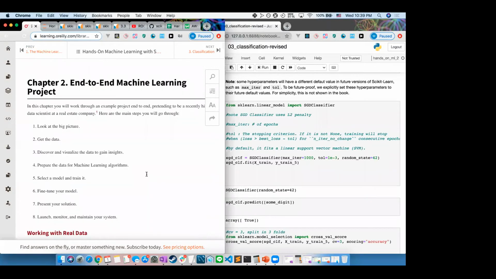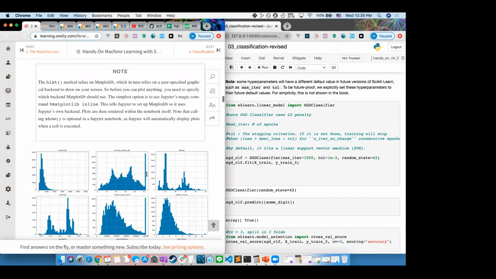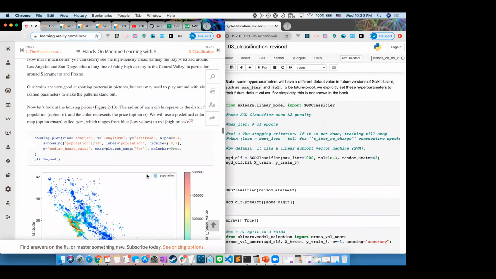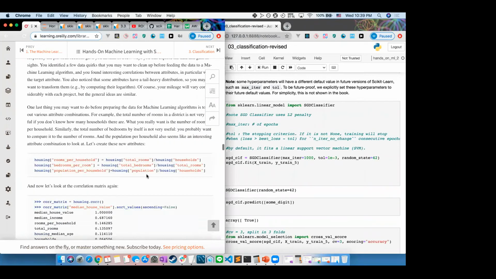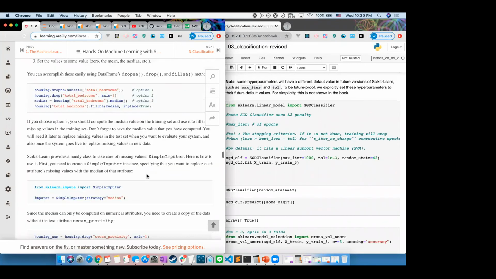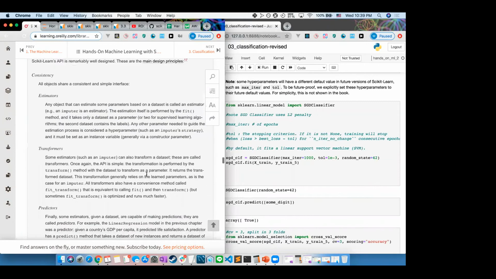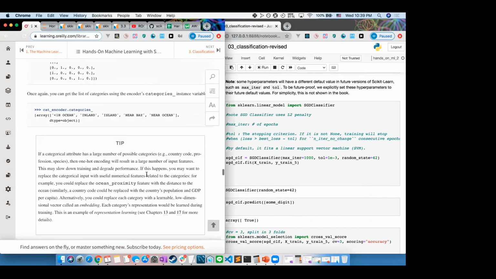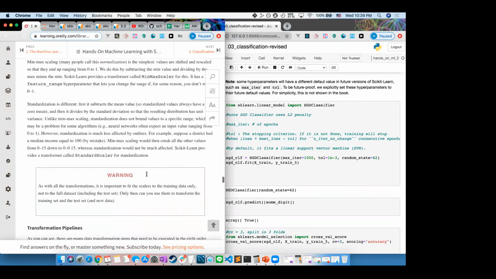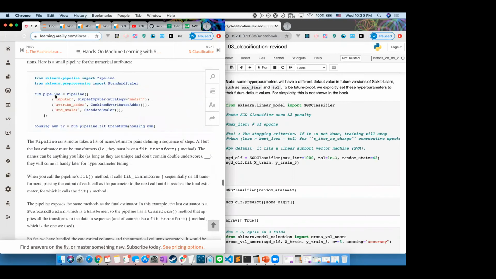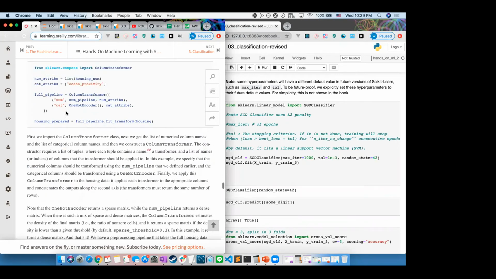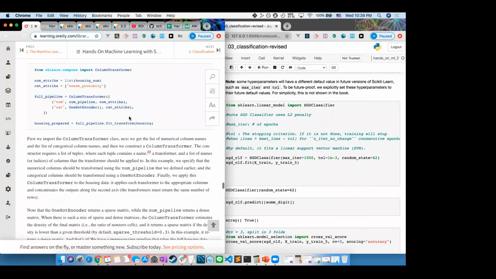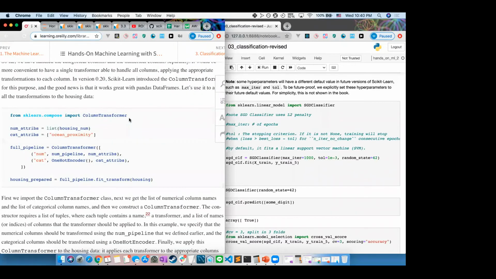Okay. Let me go back to chapter 2, because this is where we actually built an entire full pipeline. We have a numerical pipeline and a categorical pipeline, and they're combined into a full pipeline. Notice that it's only being applied to the training set.